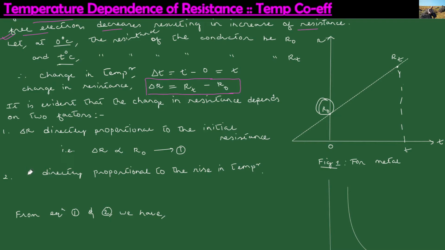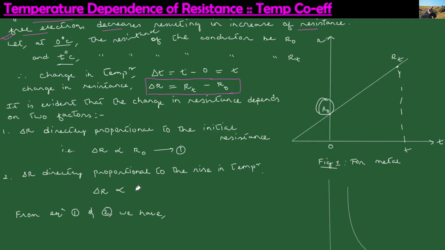Then the second condition is that this change in resistance is directly proportional to the rise in temperature, which means delta R is directly proportional to the change in temperature.